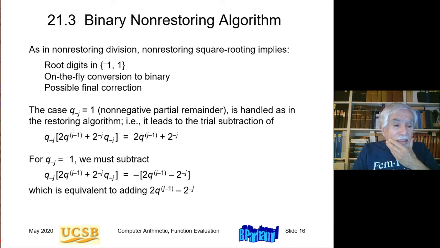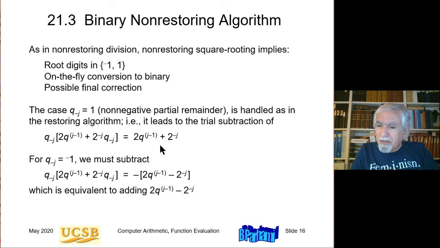Okay, now in division we had restoring and non-restoring algorithms. We also have a non-restoring square rooting algorithm that basically, when we do the trial subtraction, instead of restoring the remainder to the correct value, we keep the incorrect value, which is negative, and then remember to do addition in the next step.